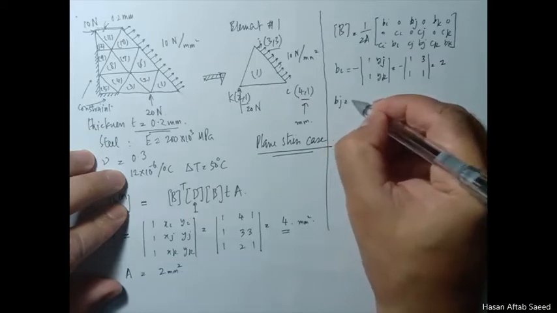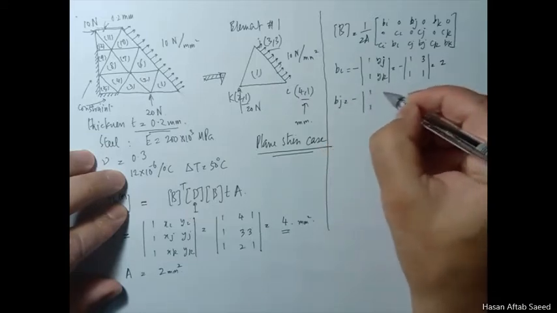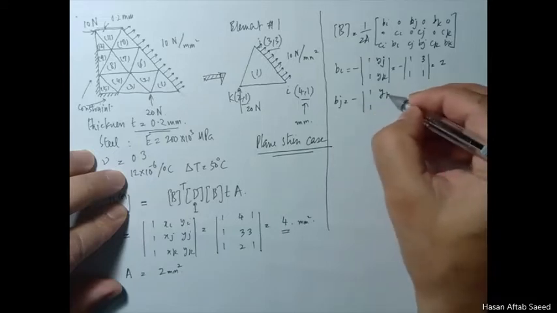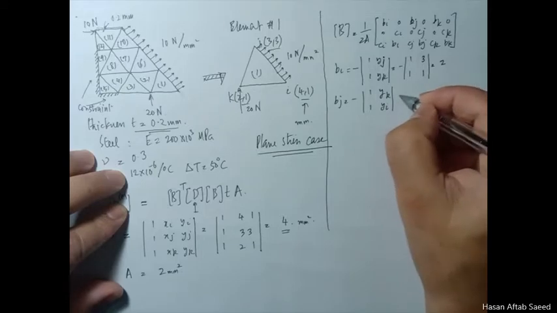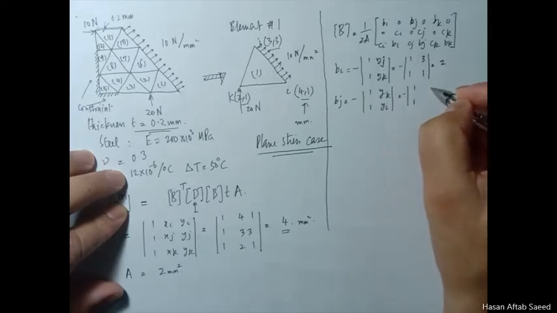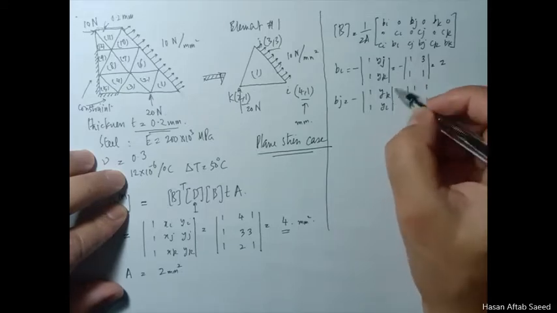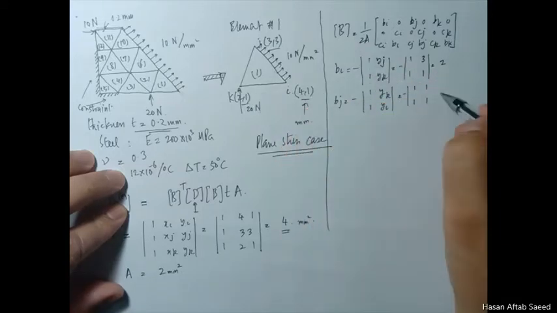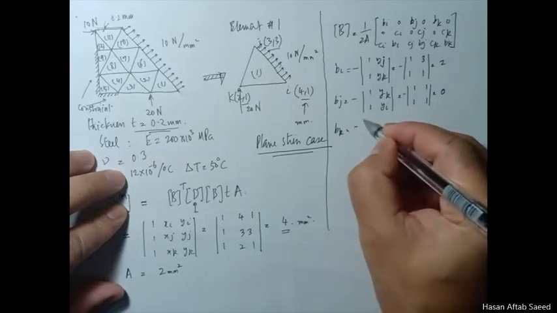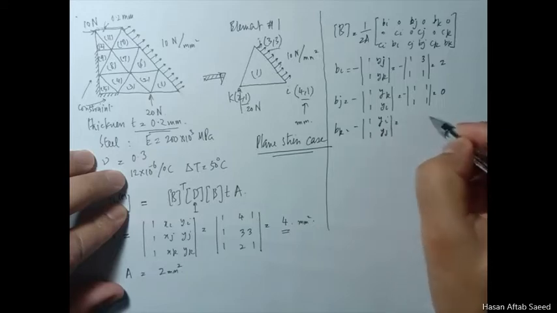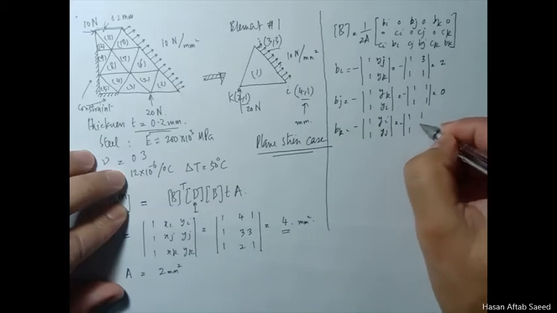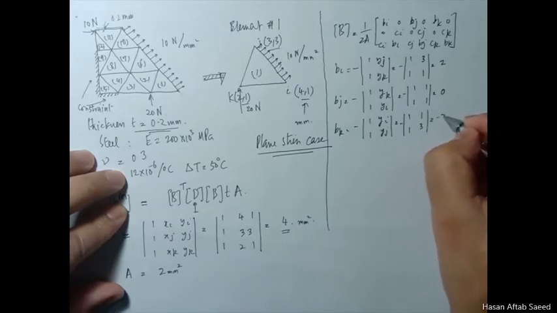Similarly bj is yk minus yi, and in this case, this comes out to be 0. Then bk is yi minus yj. This is -2.